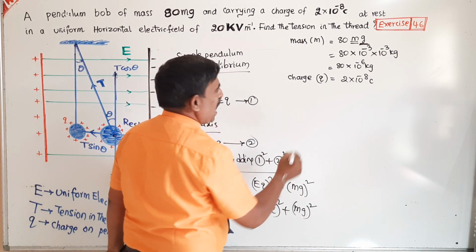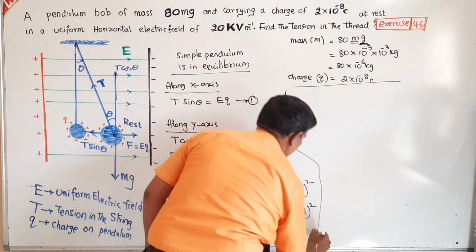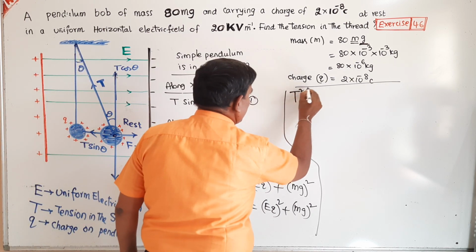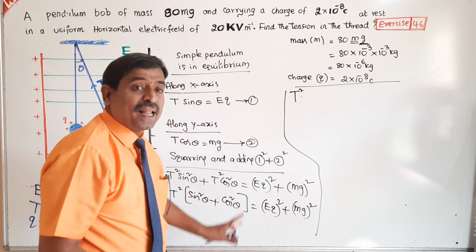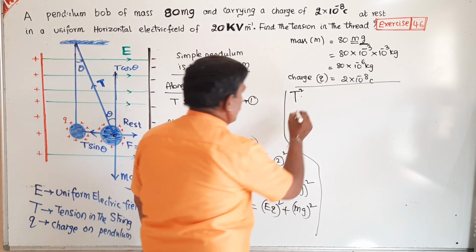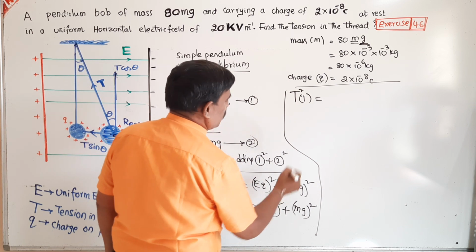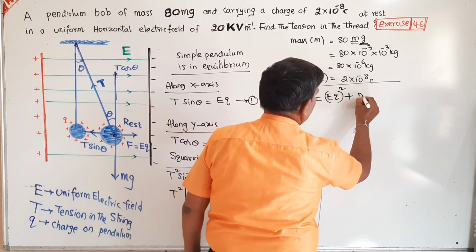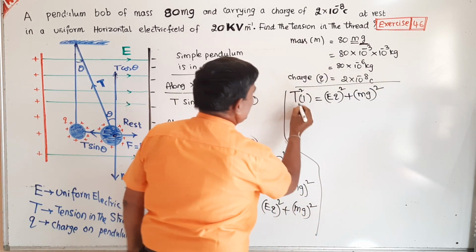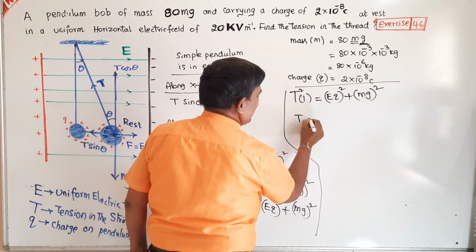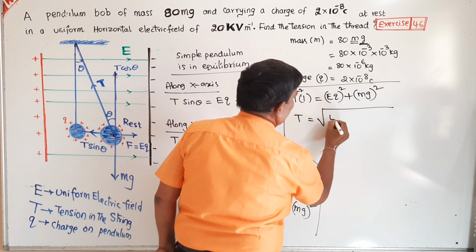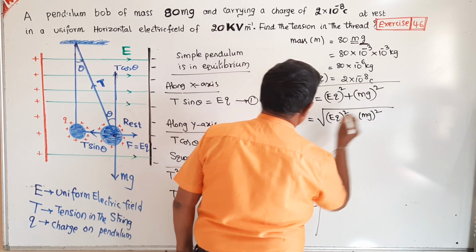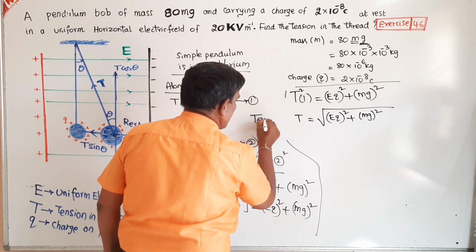Now, T square is equal to, sin square theta plus cos square theta is 1, that is equal to EQ whole square plus mg whole square. T square into 1, T is equal to under root of EQ whole square plus mg whole square.